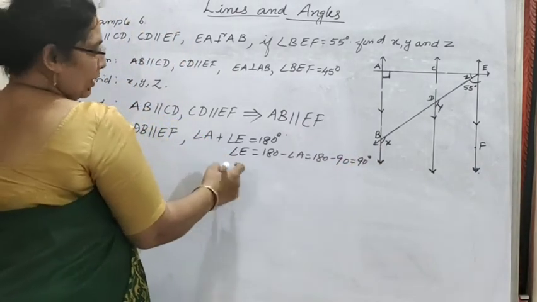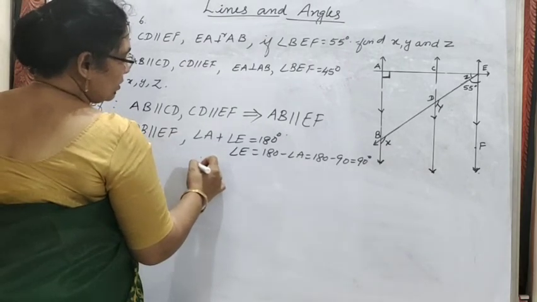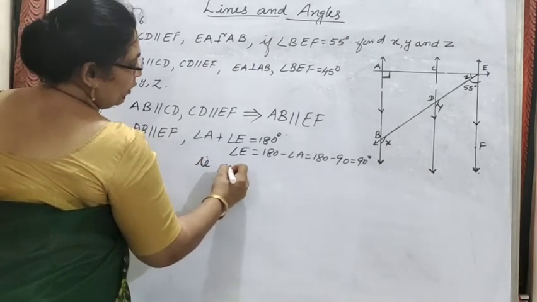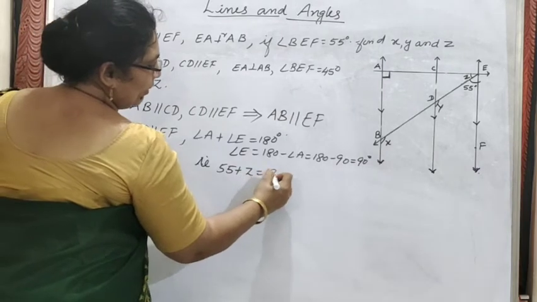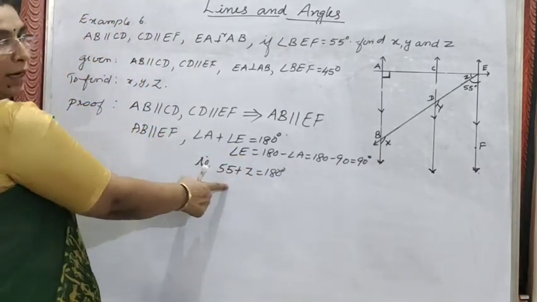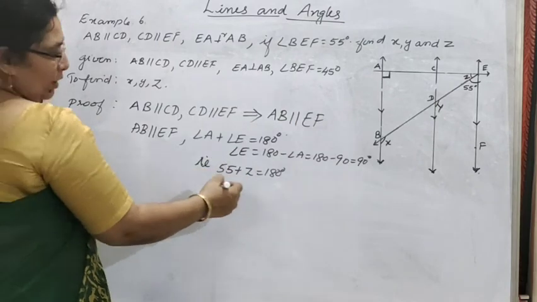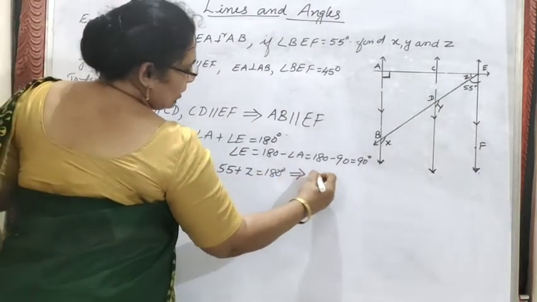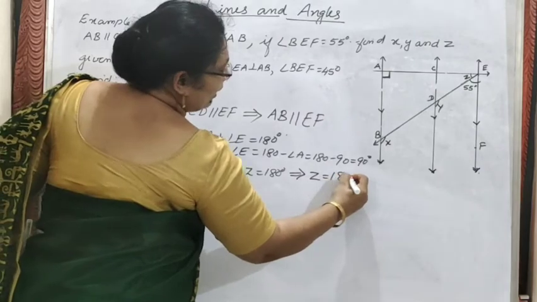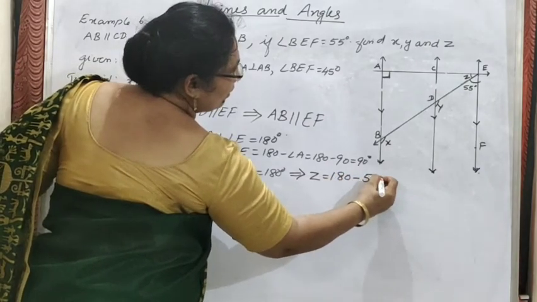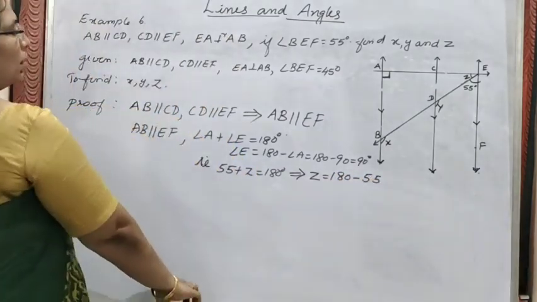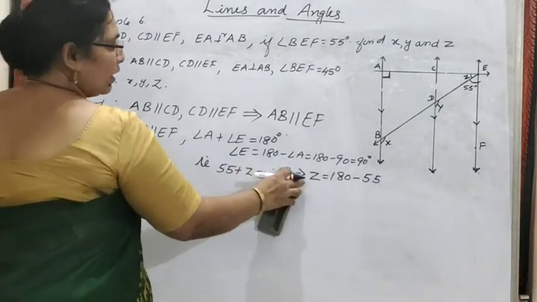Angle E is 90 degrees, that means what we can write is 55 plus Z equal to 180. Angle E has two angles. One angle is given as 55 and Z is unknown there. So Z equals 180 minus... no, for angle E it is 90 degrees only.